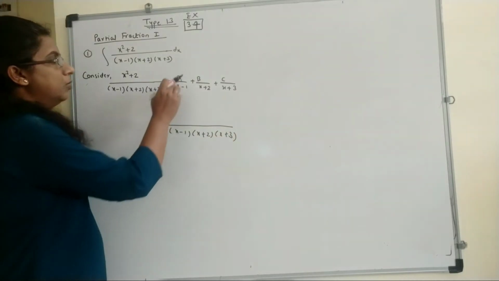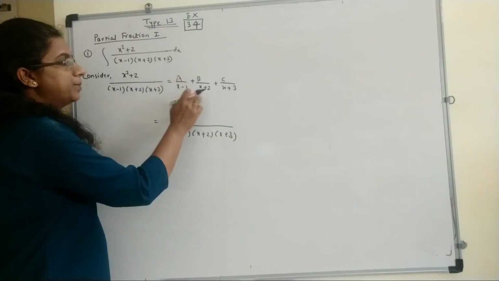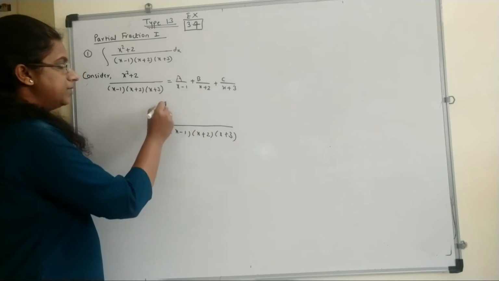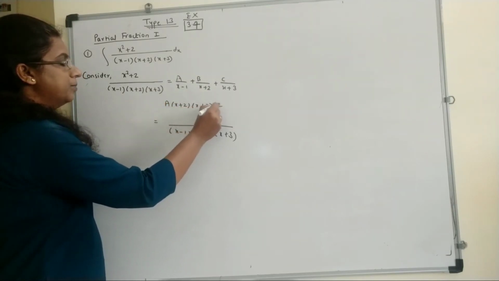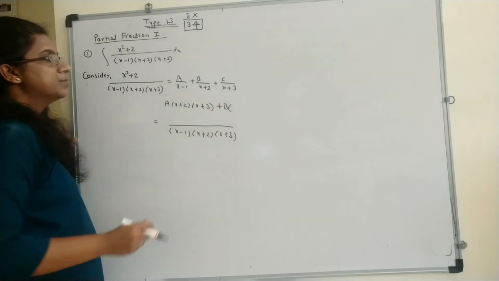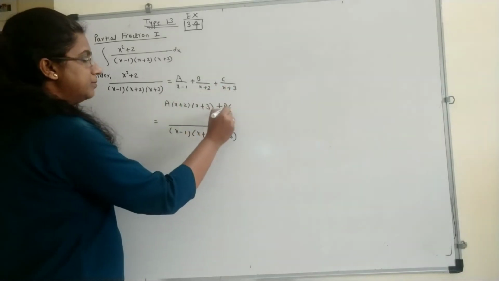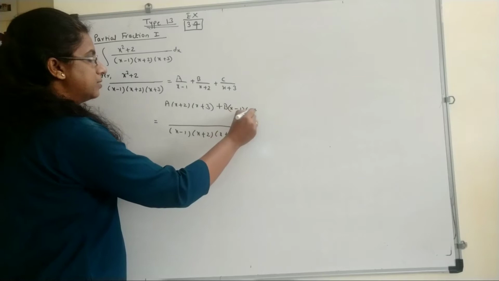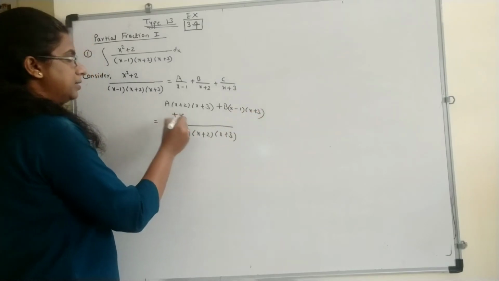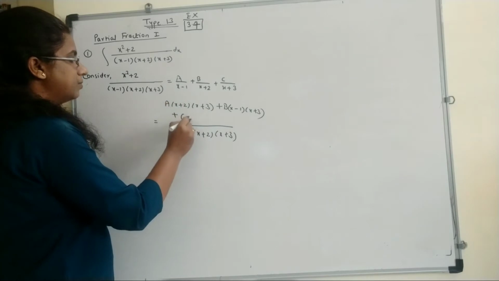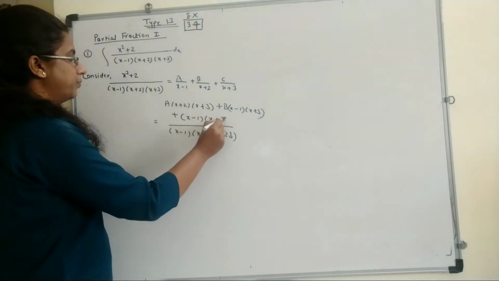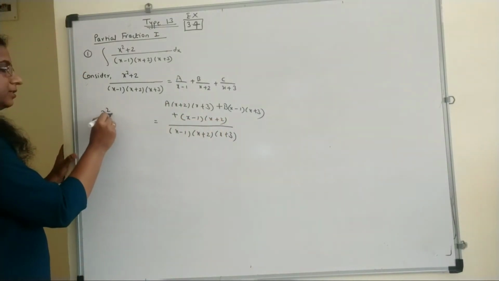Okay, so a is multiplied with the remaining two terms, that is x plus 2 and x plus 3, plus b is multiplied with the first and last terms, x minus 1 and x plus 3, plus c is multiplied with the first two terms, that is x minus 1 and x plus 2. Left hand side as it is.